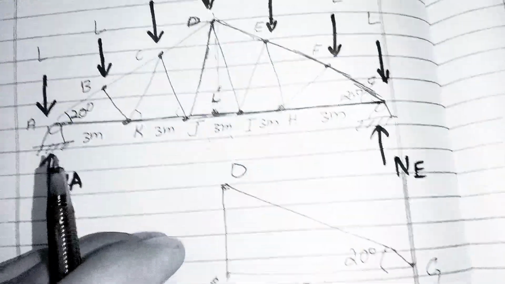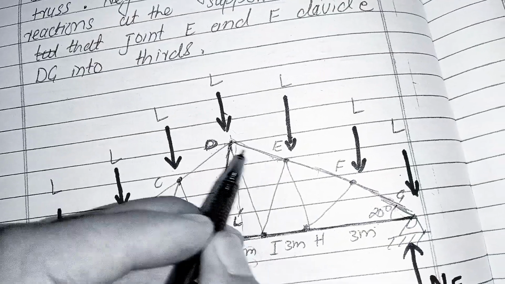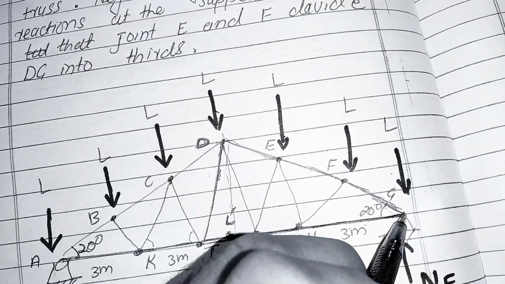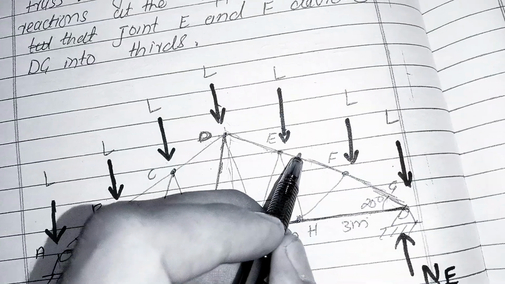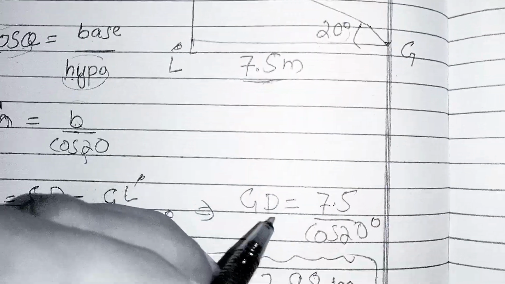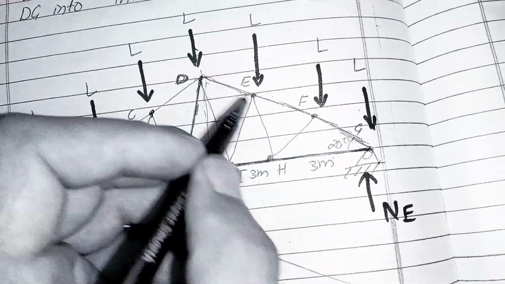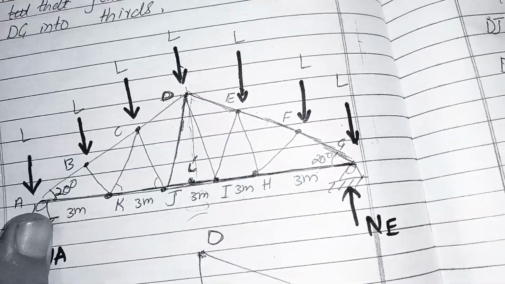So the length between point D and point G, this whole length, is 7.98 meters.